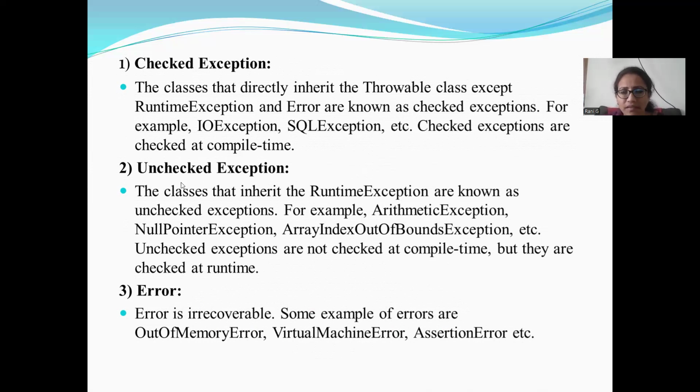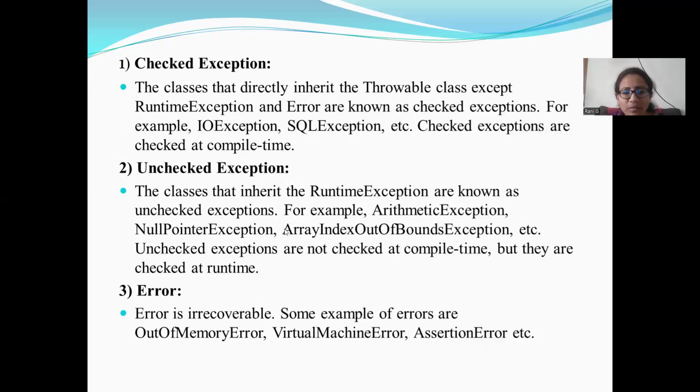Next is unchecked exceptions. The classes that inherit RuntimeException, we call unchecked exceptions. In the diagram, we have seen the unchecked exceptions are ArithmeticException, NullPointerException, ArrayIndexOutOfBoundsException. All these come under unchecked exceptions. That means these are not checked at compile time.